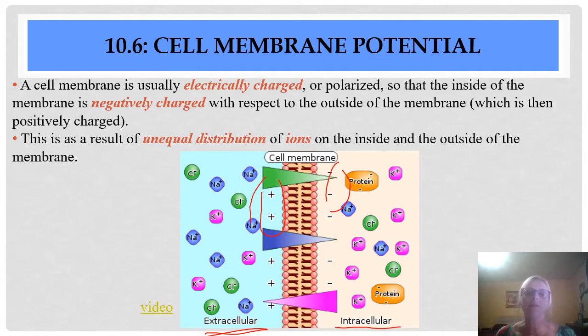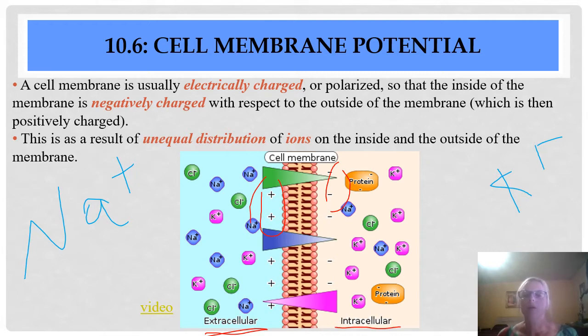And this is the result of the ions that are inside and outside not being distributed in an equal portion. All right, and so on the outside of the membrane, you're going to have a higher portion of sodium ions, and on the inside you have a higher portion of potassium ions. You also have chloride ions and some other things in there as well.